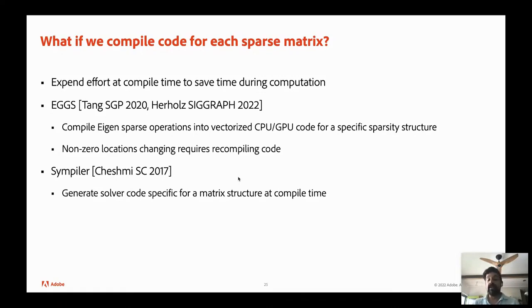But the idea there is that for most direct solves, there is a phase of doing analysis on the matrix structure before actually executing it. What SimPiler does is to actually take that analysis phase and generate code that is specific to that matrix's structure.